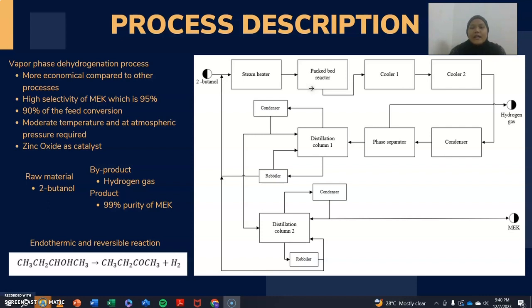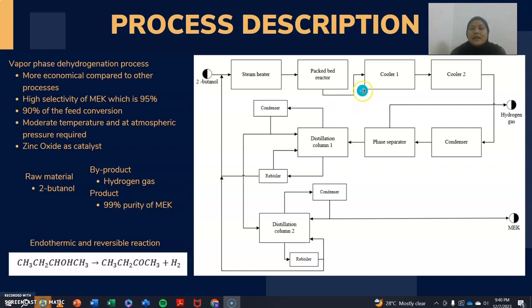During this reaction, 2-butanol will convert into MEK and hydrogen gas at a conversion of 90%. The outlet of this reactor will consist of a vapor mixture of MEK, unreacted 2-butanol, and also hydrogen gas.